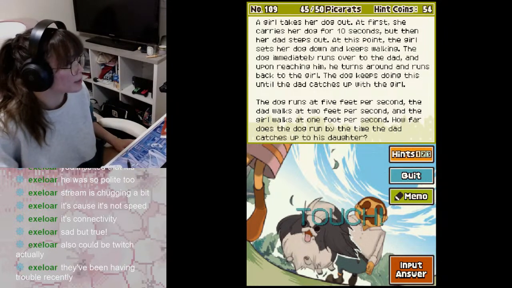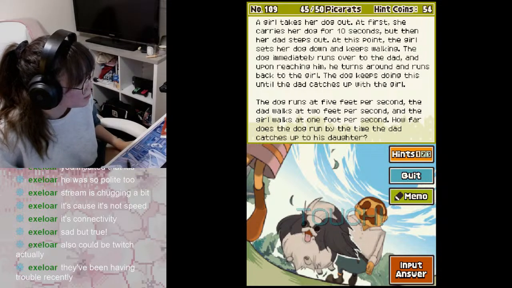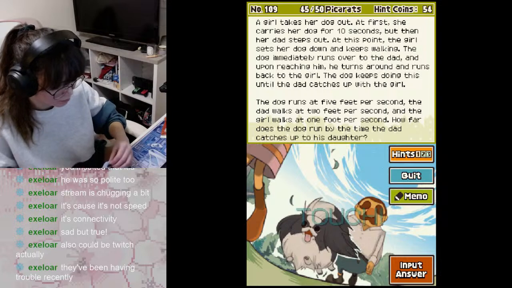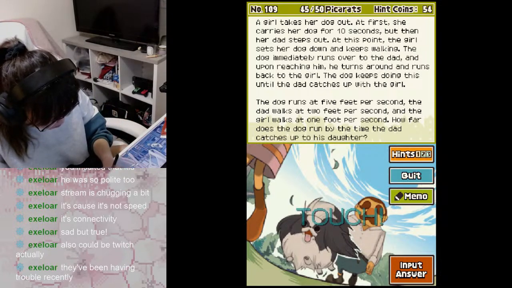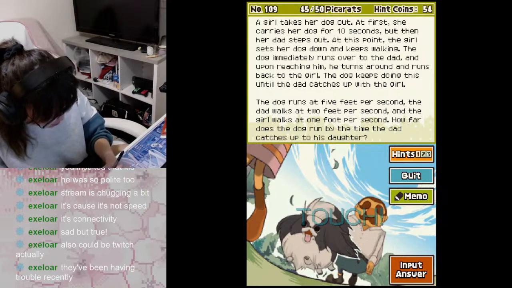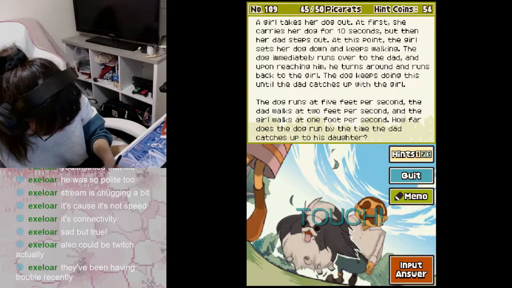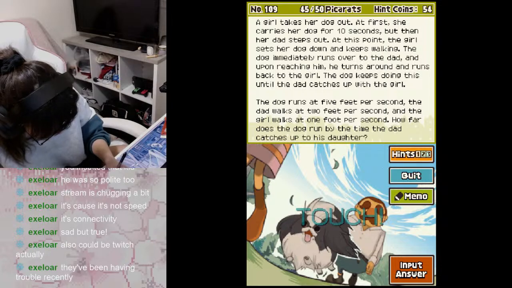Okay, so it takes him 5 seconds to get to the 10 feet. And by that time, she's 15 feet away. It takes 2.5 seconds to get there.